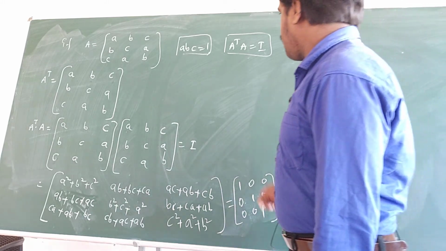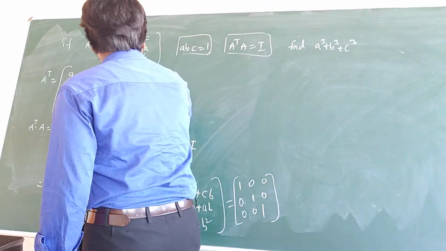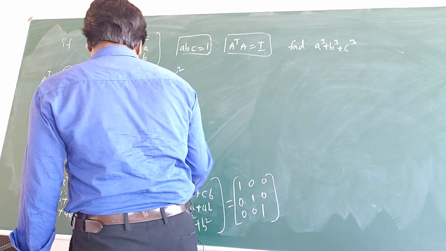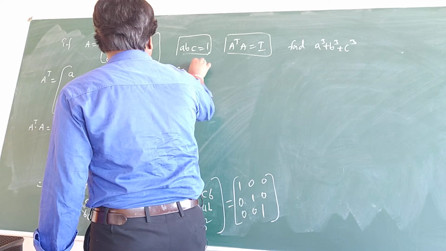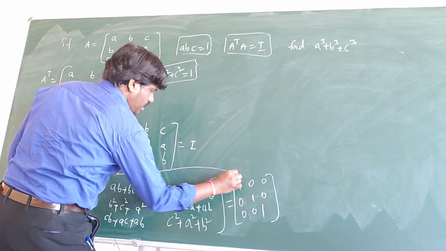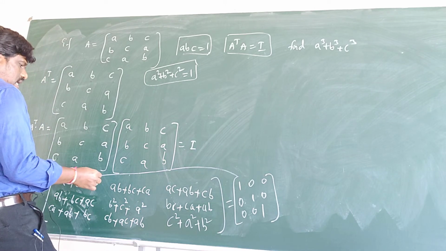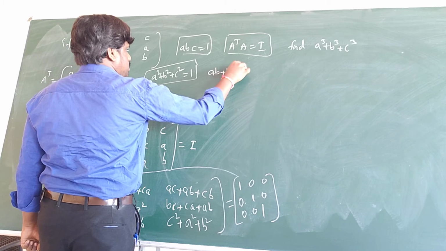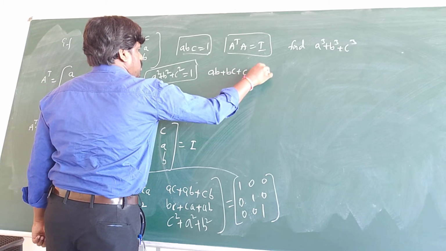So if you equate, what I get here: A square plus B square plus C square is equal to 1. And AB plus BC plus CA is equal to 0 I am getting.